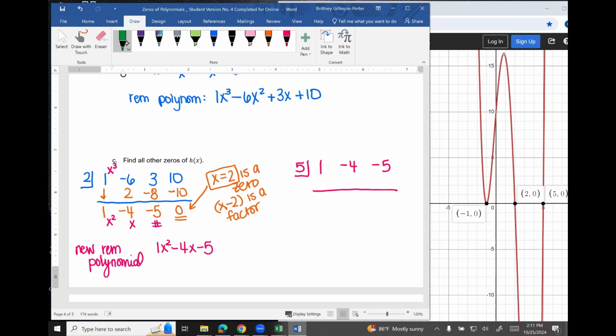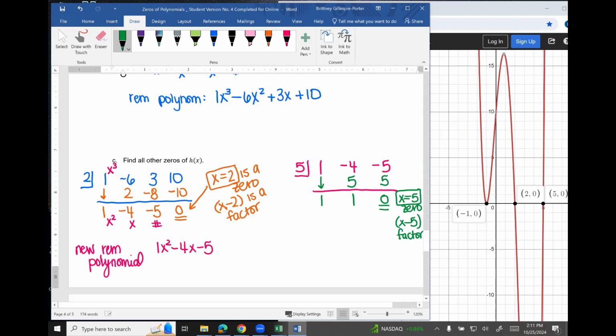Remember, the first one always drops down. 5 times 1 gets me 5. Add vertically, we get 1. 5 times 1 gets me 5, which gets me a 0. We just found that x equal to 5 is a 0. And we also found that x minus 5 is a factor.